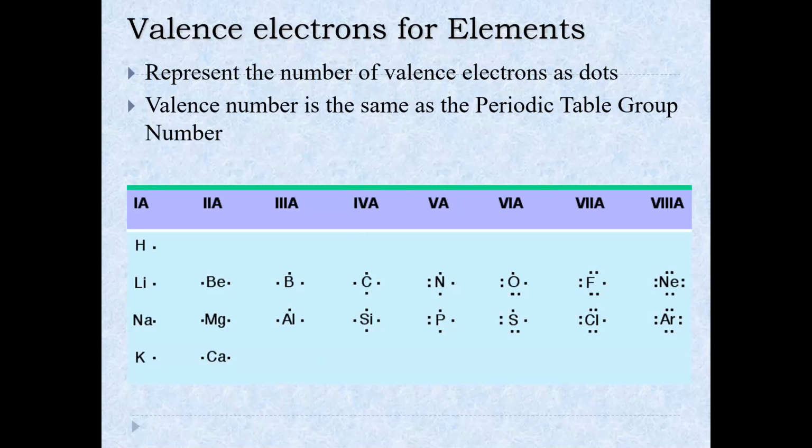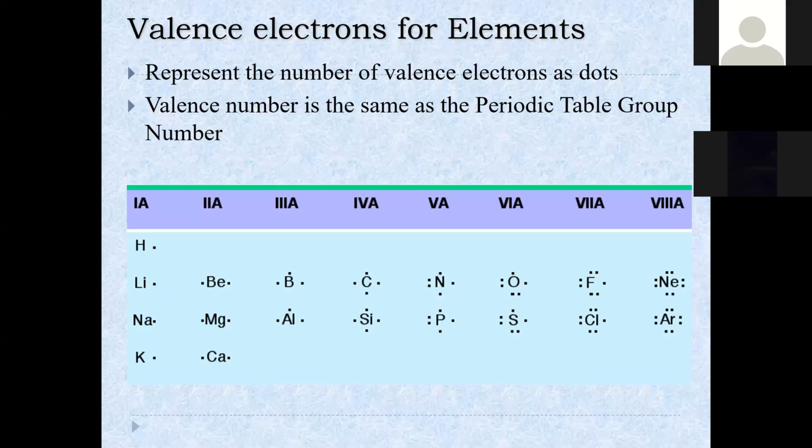Remember that transition elements are metallic, and covalent bond is usually between non-metals. So we can't talk about transition elements for covalent bonds, because transition elements are metallic. We are talking now about non-metals, so that is why we'll be focusing more on non-metals.